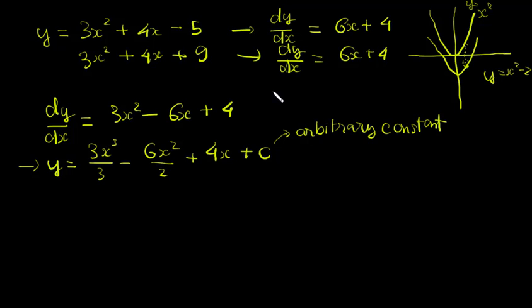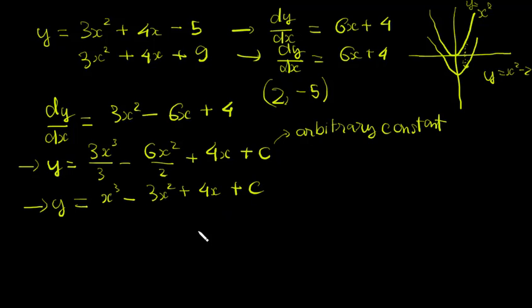Let's say this one passes through the point (2, -5). The curve will pass through this point. So now I will substitute it in here to find the constant c. Let me rewrite this one and simplify it: x cubed minus 3x squared plus 4x plus c.